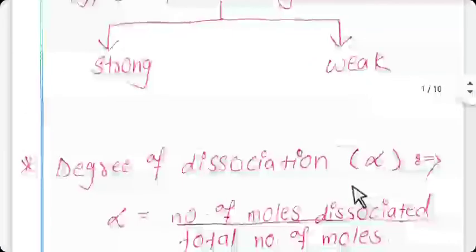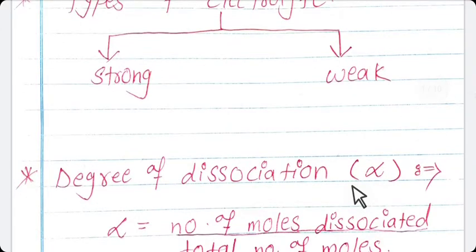The next topic is the degree of dissociation. The symbol is alpha. The degree of dissociation of an electrolyte is defined as the fraction of the total number of moles of electrolyte that dissociate into ions when equilibrium is attained. It is denoted by alpha.